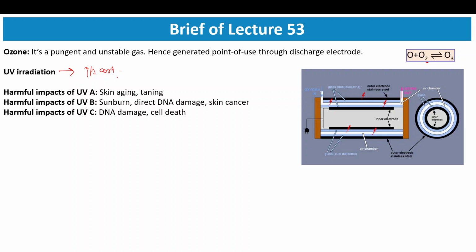You would have heard that it can cause tanning, it can cause skin aging, and if you further reduce the wavelength of UV, then it can cause skin cancer or sunburn, and at the end it can have DNA damage as well, on further increasing the UV intensity or the energy.